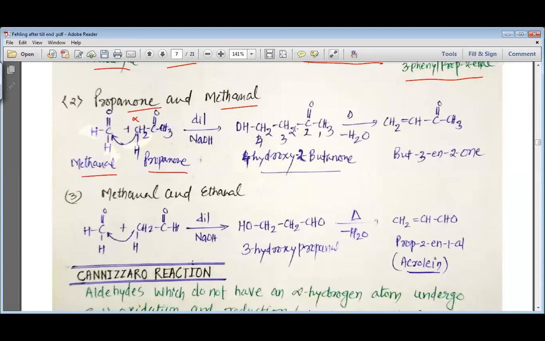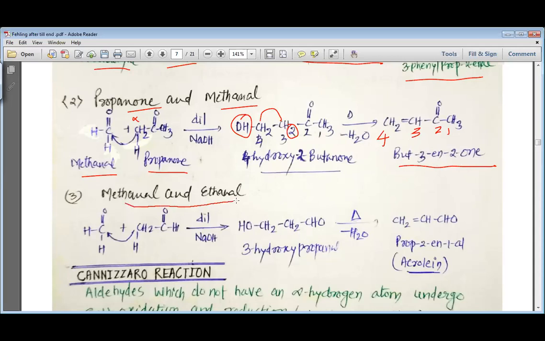This 4-hydroxy 2-butanone, when it is heated, my dear students, the hydroxyl group present on the 4th carbon and the hydrogen on the 3rd carbon are removed, and there will be a double bond between the 3rd and 4th carbon. So you can see here 1, 2, 3, 4. There is a double bond between the 3rd and 4th carbon. So we get the final product but-3-en-2-one as a product.